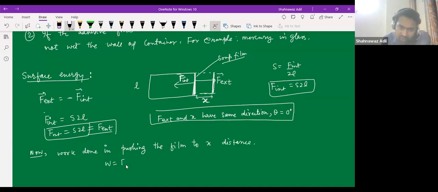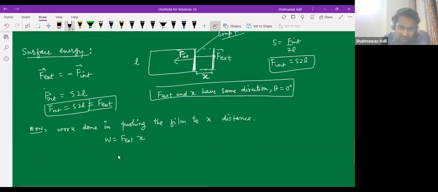That would be F external into x. Right? That is F s cos theta, but cos theta is cos 0, and cos 0 is 1. So this would be how much? This would be S into 2L into x.